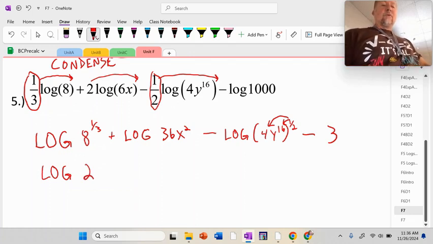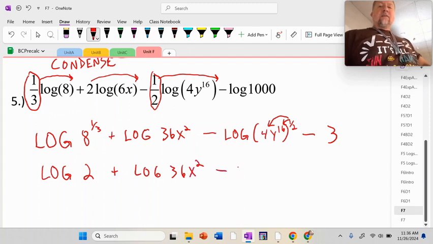This is log 2 plus log 36x squared minus log, I'm just getting this evaluated, 2, not half, square root, and then y to the, what happens?